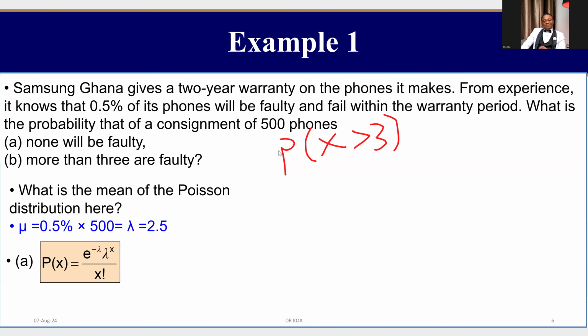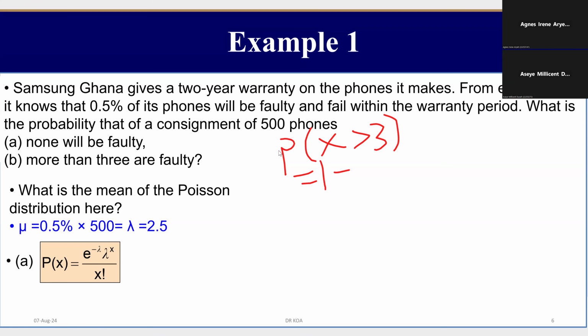So what you do is that you remember the principle of the inverse or reverse probability. So this will be equal to 1 minus what? Who can tell? 1 minus the probability that X is equal to 0.